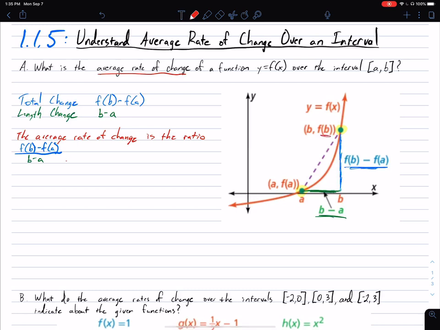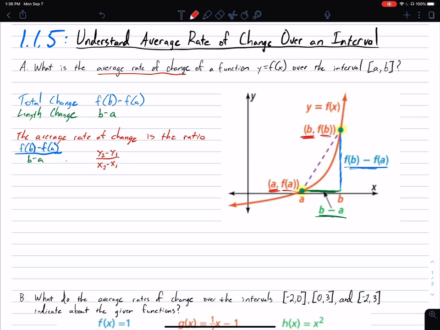That's here, that's y and y. So what we're really looking at, to simplify this, is y2 minus y1 over x2 minus x1. That b minus a is here, this a, and this b up here. So the average rate of change is my slope, y2 minus y1 over x2 minus x1.